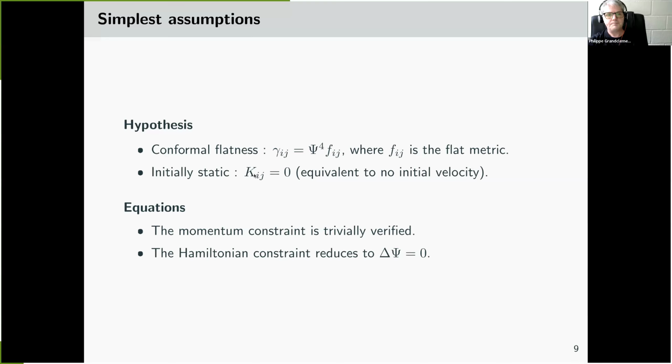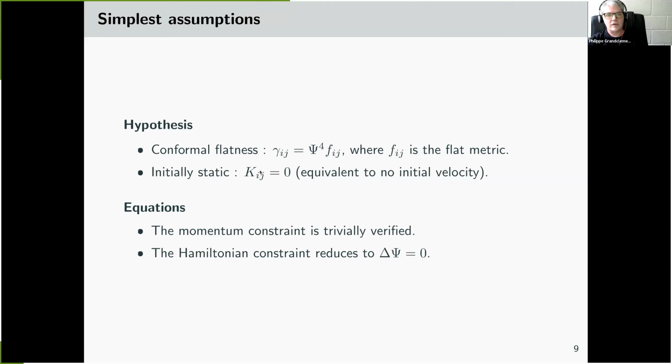So it's relatively easy. And what you do most of the time is a conformal flatness approximation, where you state that the induced metric relates to the flat one, f_ij, by just a conformal factor. So as I said, with this setting the momentum constraint equation is trivially satisfied, and the Hamiltonian constraint equation reduces to the fact that the flat Laplacian of this psi must be 0. So you just have one equation, a flat Laplacian of psi that must vanish.